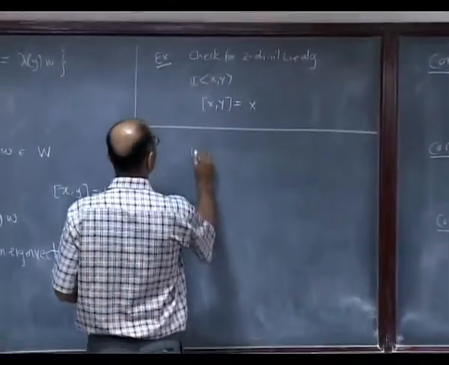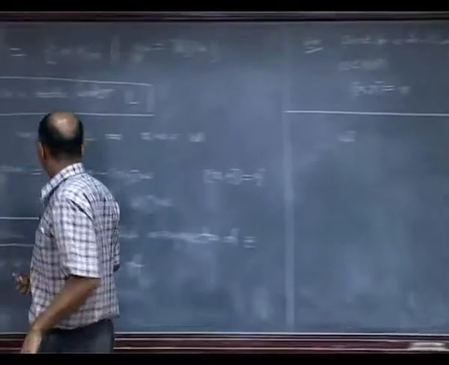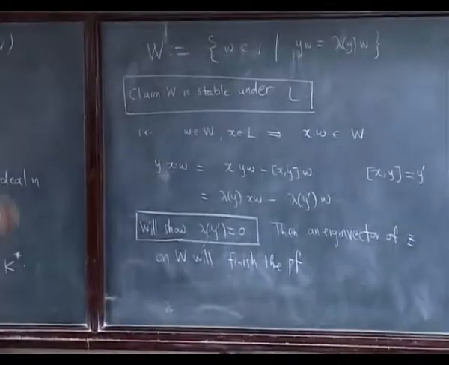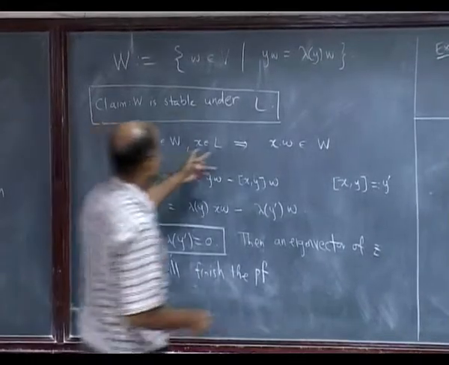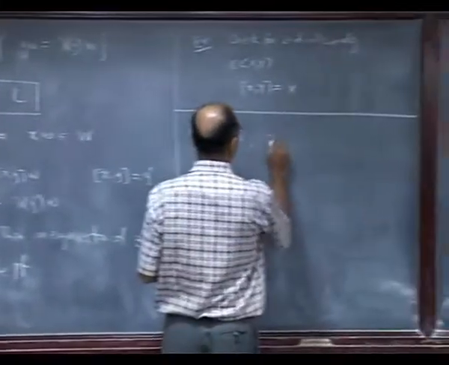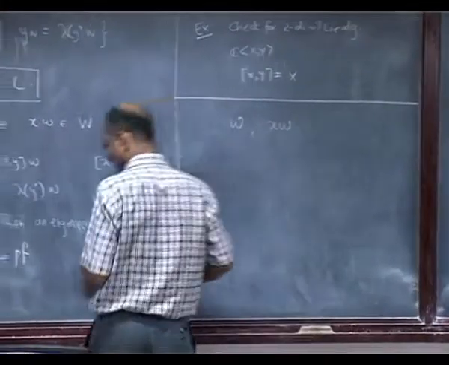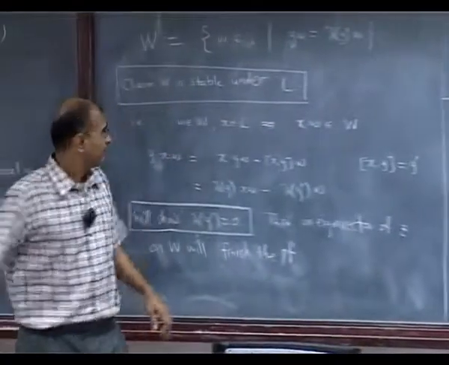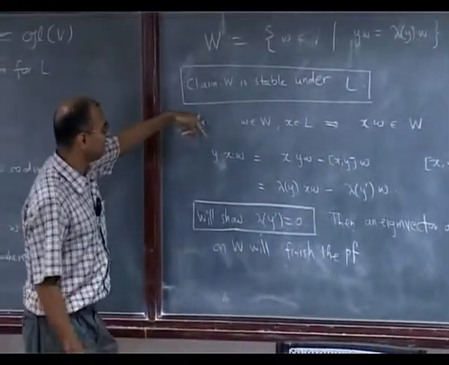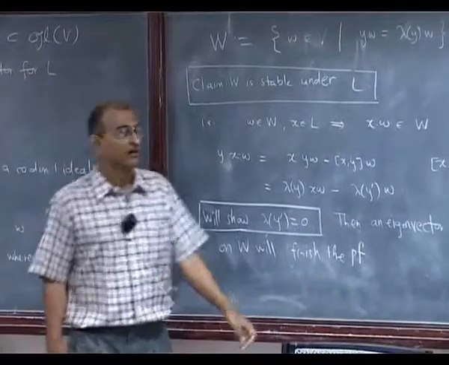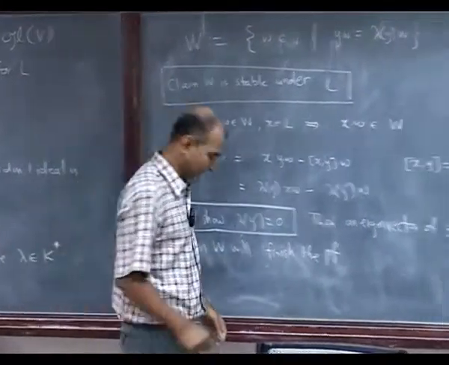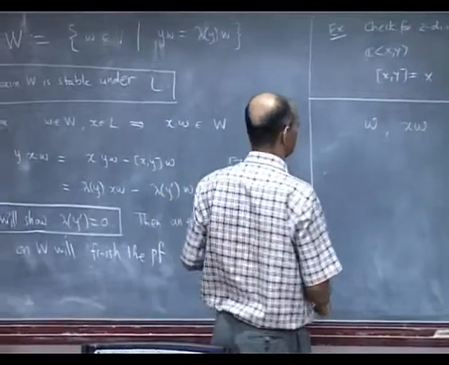So look, we are starting with W. And we are taking an X, right? So the calculation that we did was Y acting on XW. And that gave some calculation.